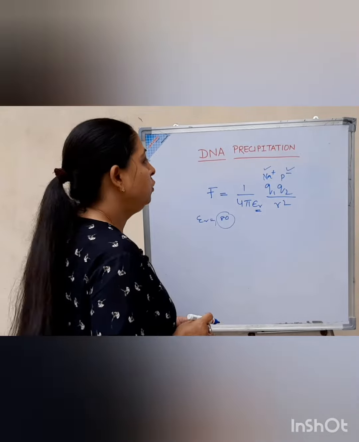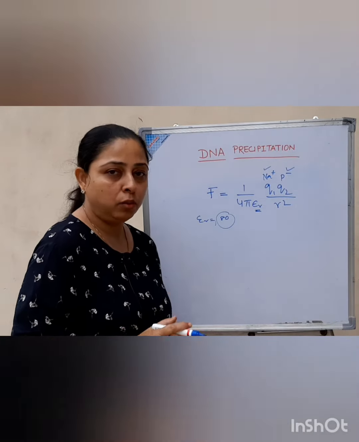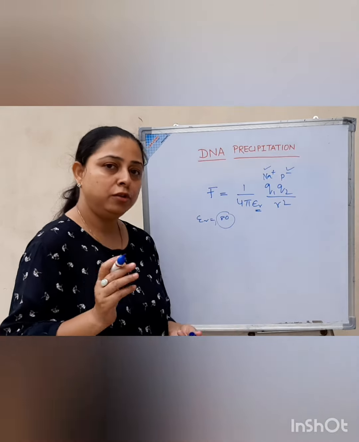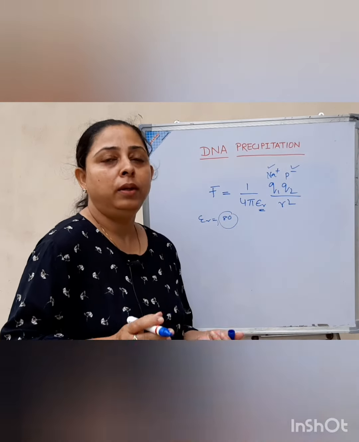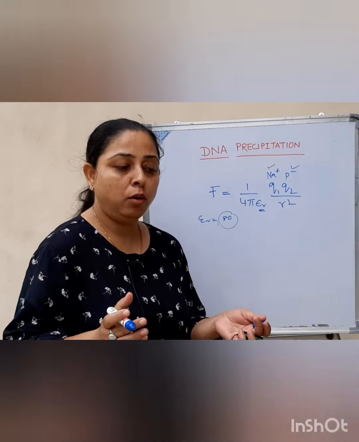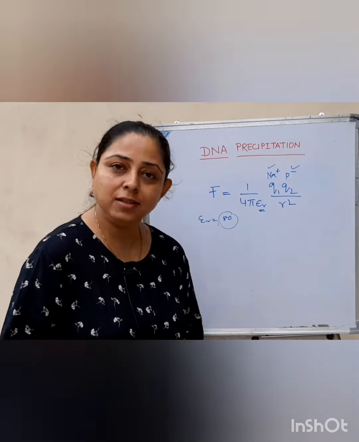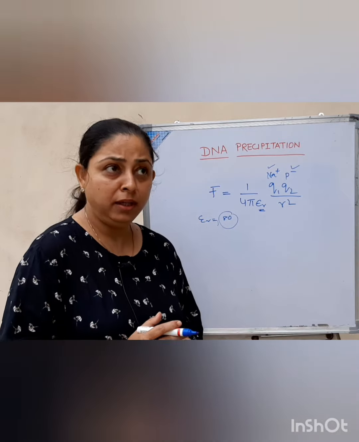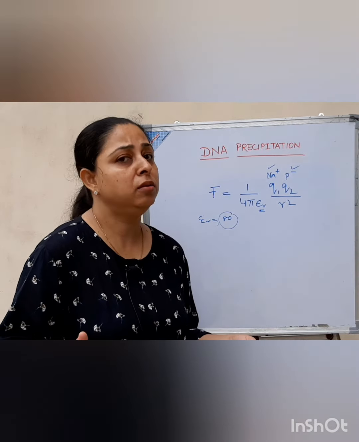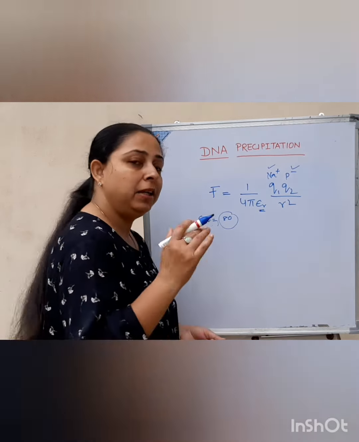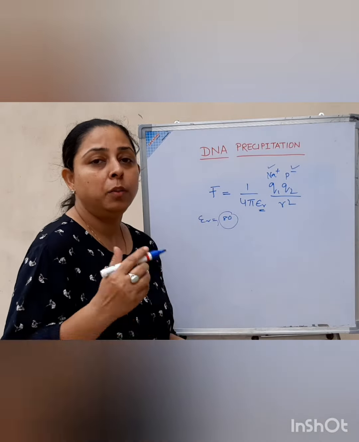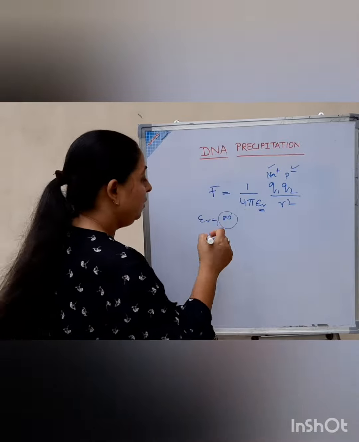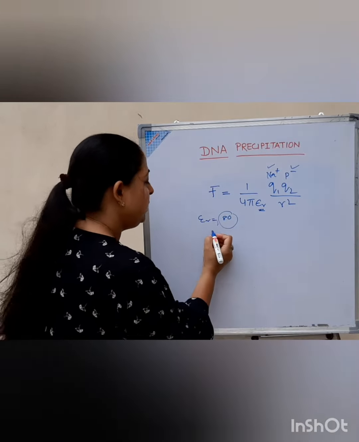So by addition of only sodium salt, DNA won't be precipitated. By addition of sodium salt, only the hydration shell or the solubility of DNA is decreased in the water, but DNA doesn't get completely precipitated out. So for complete precipitation of DNA, we need to add ethanol.